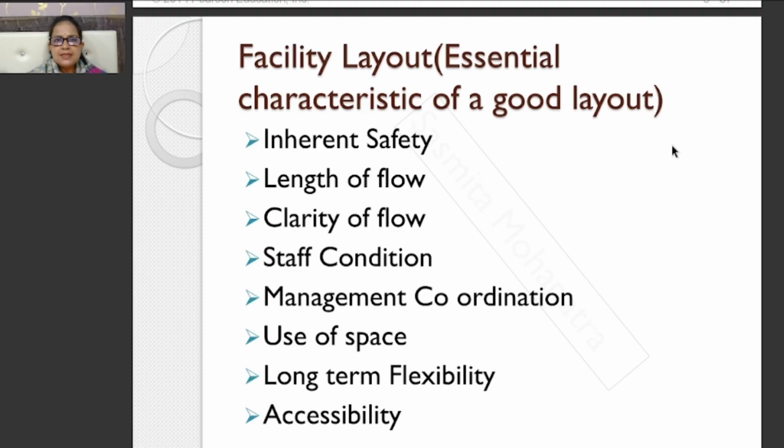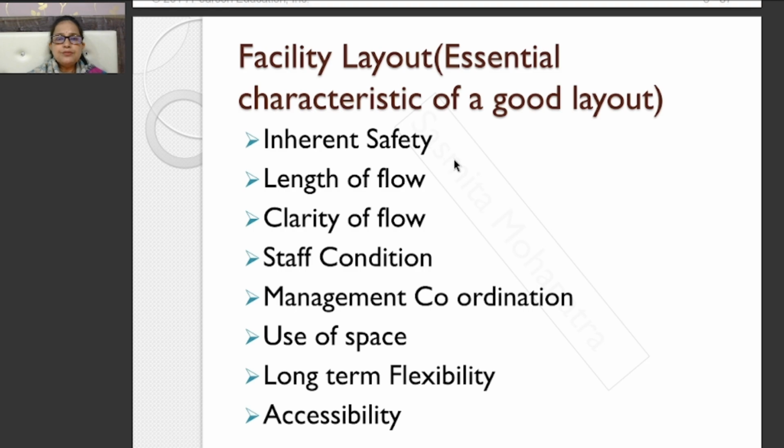So what are the characteristics of a good layout? First is inherent safety, because safety is the primary thing when we are going to establish a plant. Length of flow.